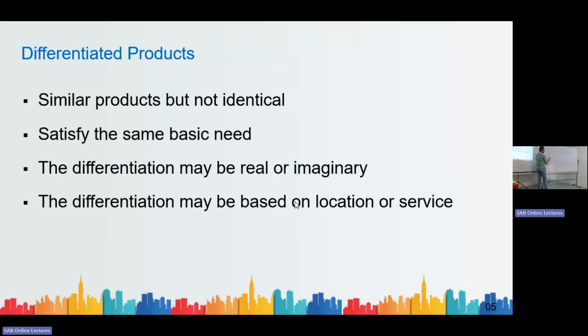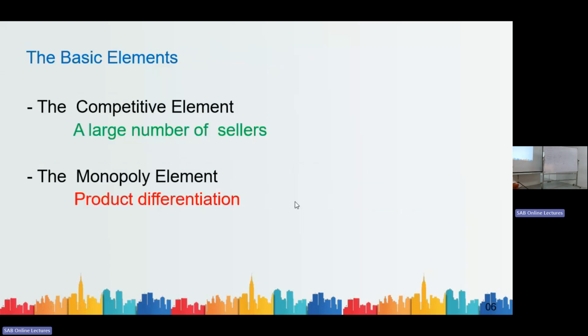In salons, if they provide very good customer service, then it's differentiation by service. In the case of electric items, if some firms are providing after-sale customer service, then it's different from others. Branding: if some products are branded, then it's also a kind of differentiation.